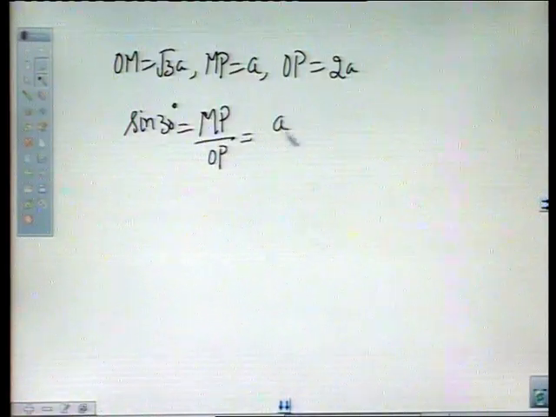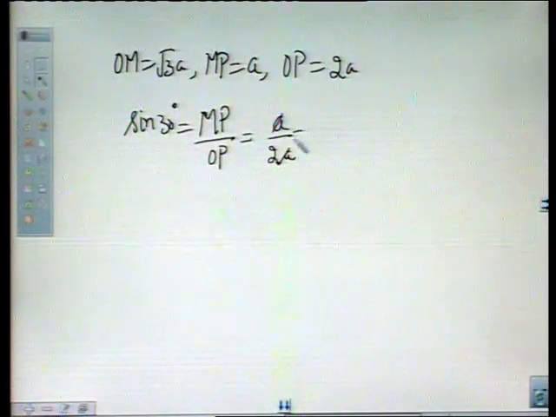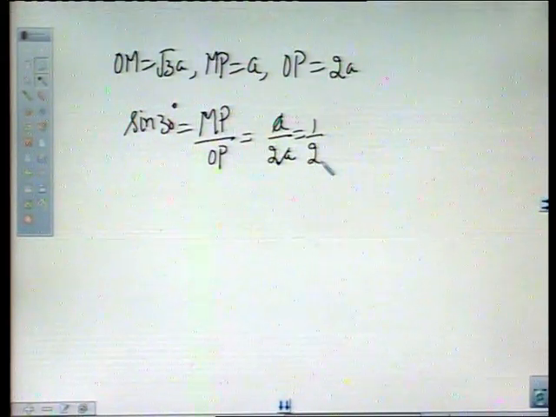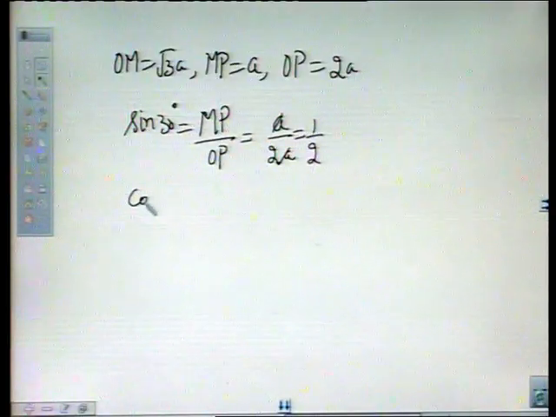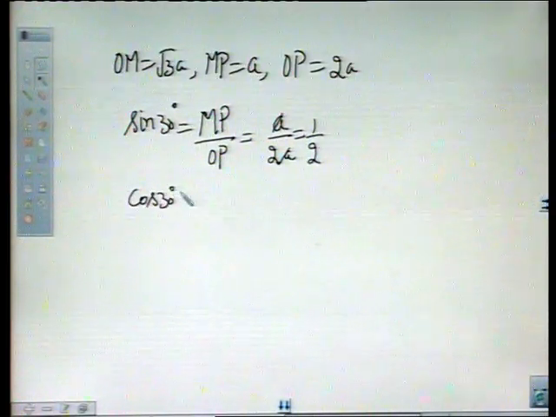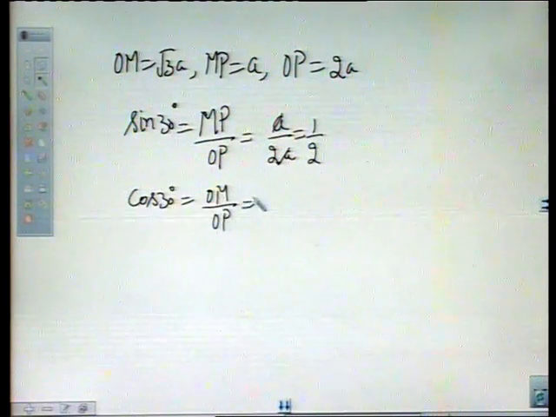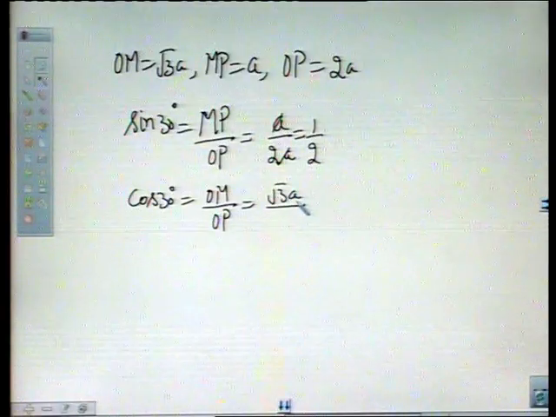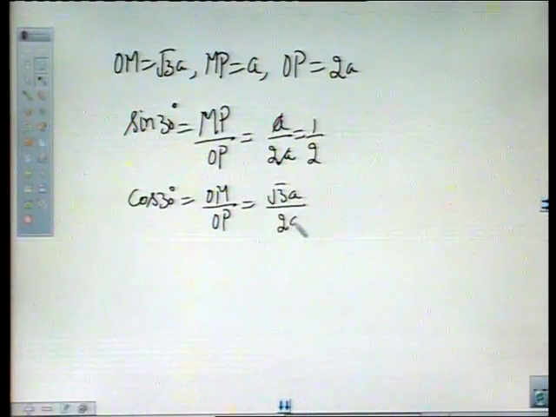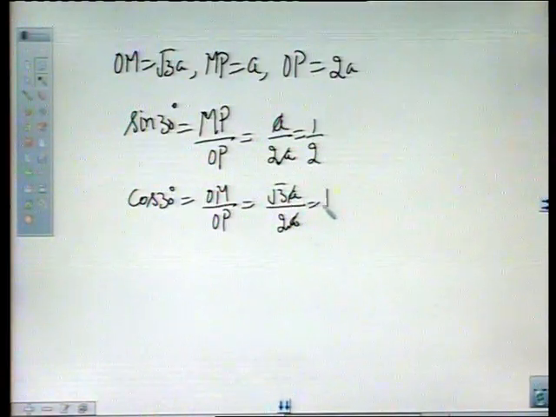MP is A, OP is 2A, cancels down, we get the value of sine 30 as 1 by 2. Next we find the value of cos 30. Cos 30 is equal to OM over OP. The value of OM is under root 3a, the value of OP is 2a, and we get this value as under root 3 over 2.